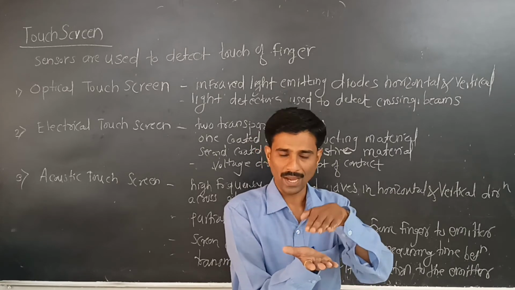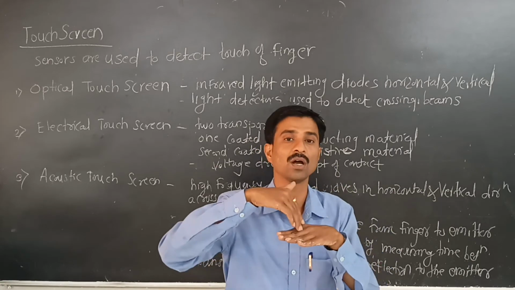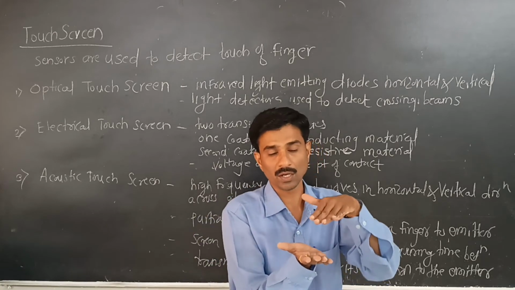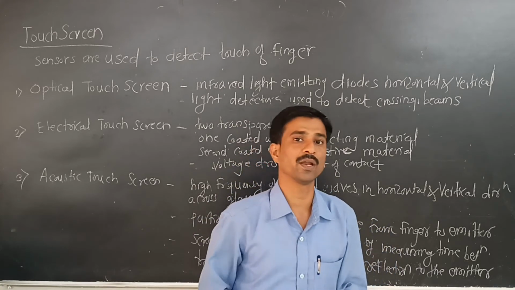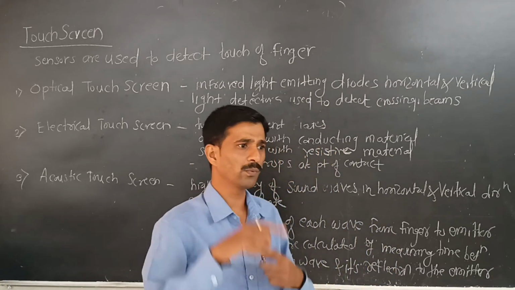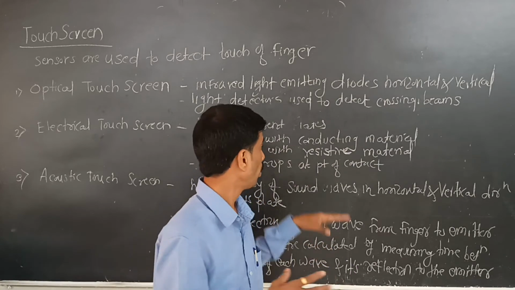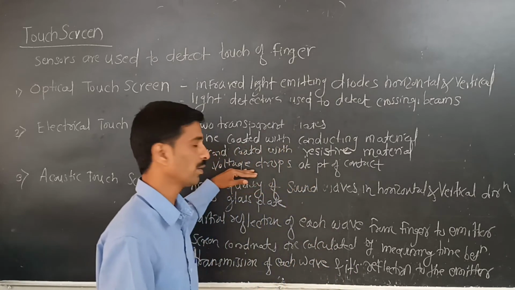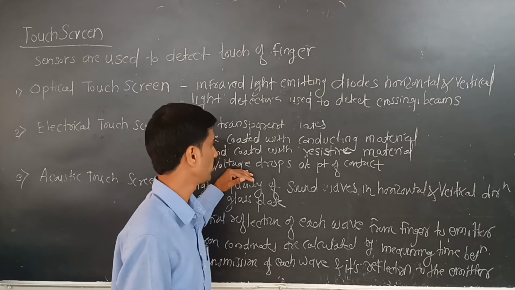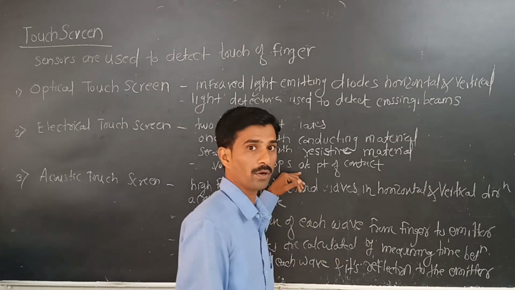As soon as we touch the upper plate, it will come into contact with the second glass plate and give a voltage drop at that point of contact.